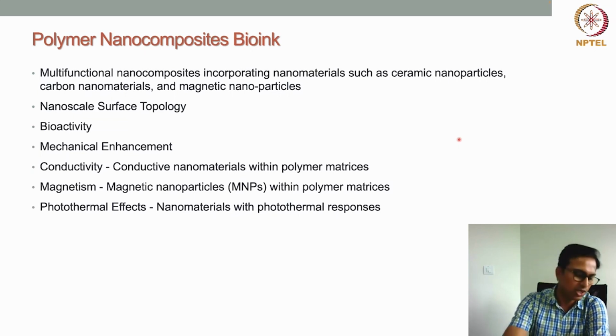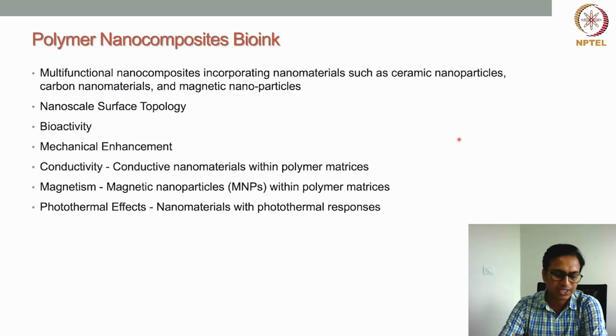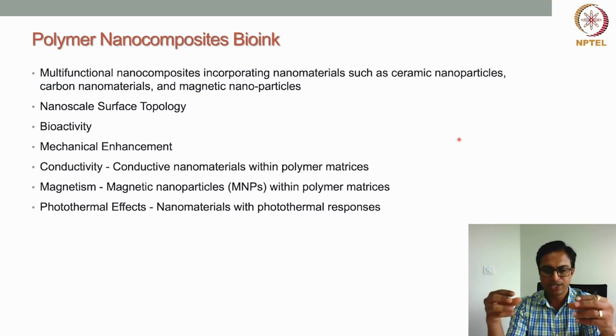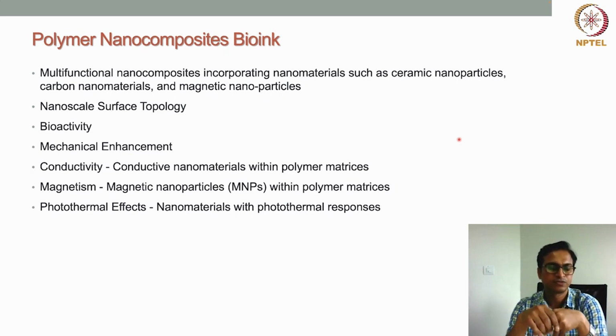One such advantage of incorporating nanomaterials within the hydrogel or biomaterial system is that the nanoscale surface topology can be improved. Suppose we have a hydrogel bioink by which we can make structures, and we also incorporate nanoparticles or nanomaterials.